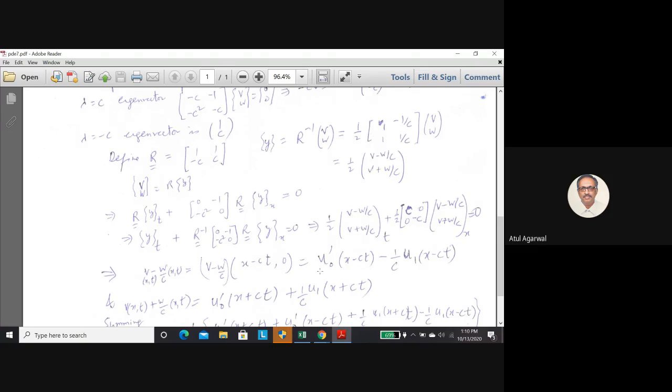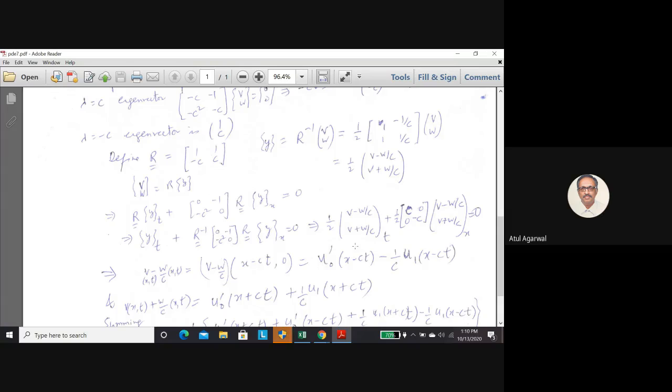So this you can write as, now V, you just expand this, V minus W by C. So you have to write the value of V at x minus ct minus W by C at x minus ct. So what is V? At time t is equal to 0, we found that it was u naught prime.